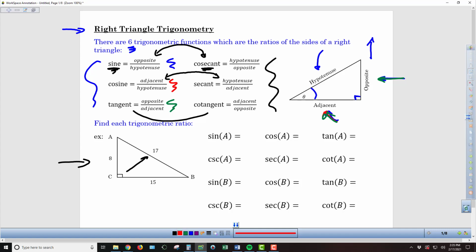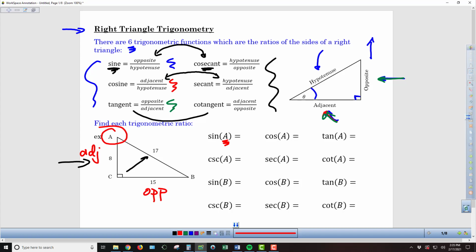As we go through this example, for the angle A, the side opposite of angle A is going to be this 15, and the side adjacent to angle A is going to be 8. I'm going to use those measurements along with the hypotenuse being 17 to get all of these ratios.